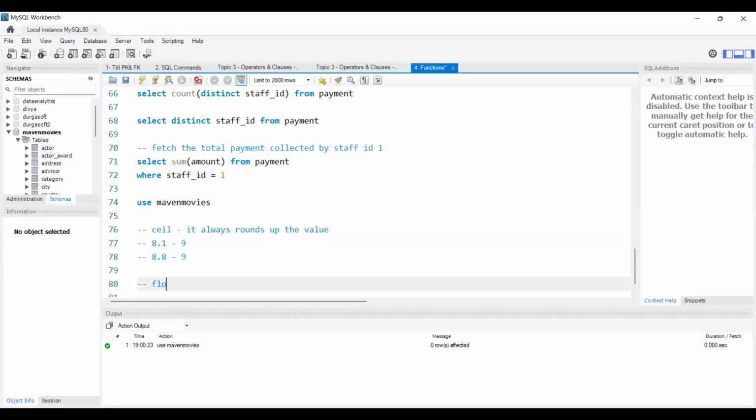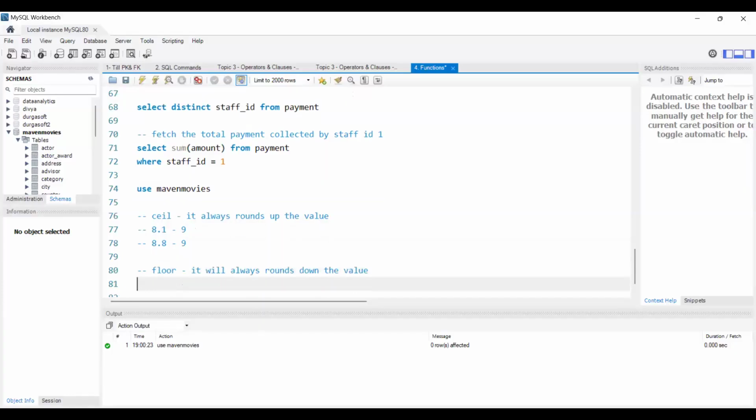Whenever we are using floor for any decimal value, it will always round down the value. In the real world too, ceiling means up and floor means down, so we can remember it like that.